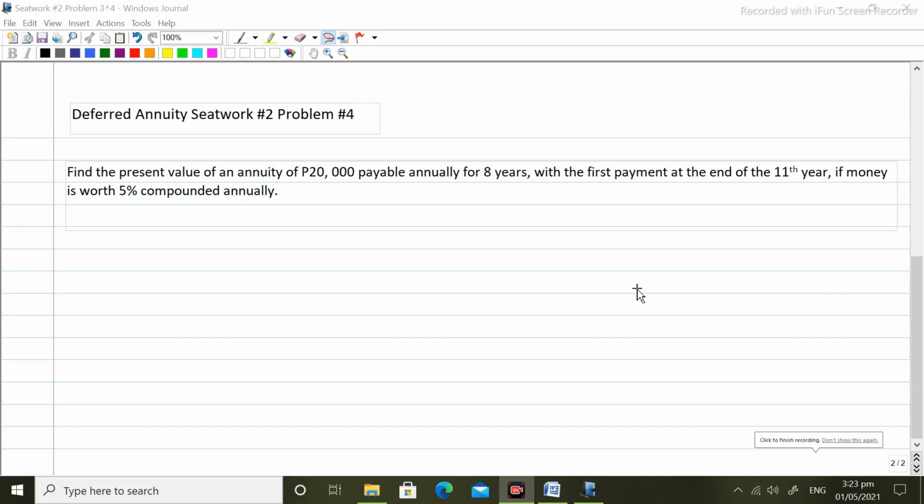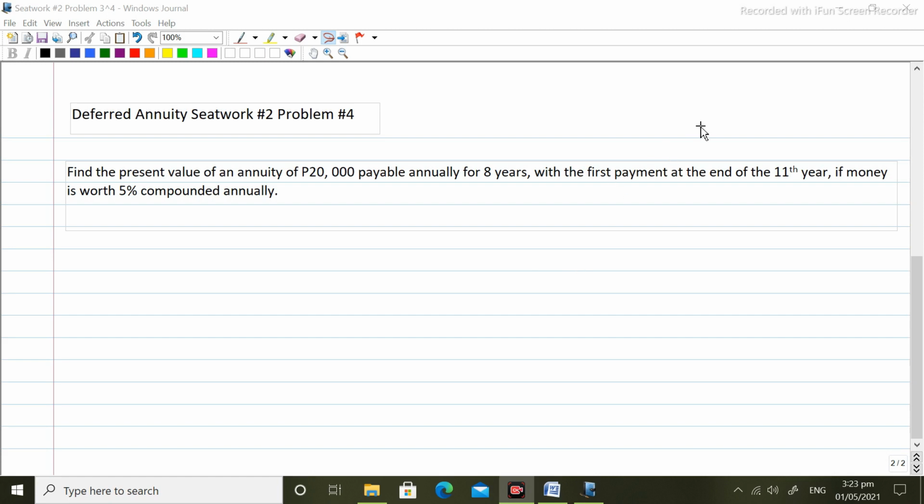Hello class. Last problem for Seatwork number 2 is problem 4. Deferred Annuity. Ito po yung problem. Find the present value of an annuity of 20,000 payable annually for 8 years, with the first payment at the end of 11th year, if money is worth 5% compounded annually.